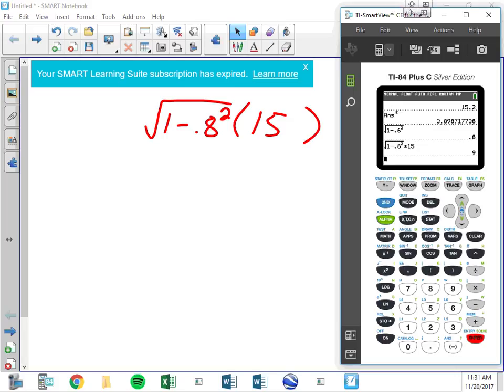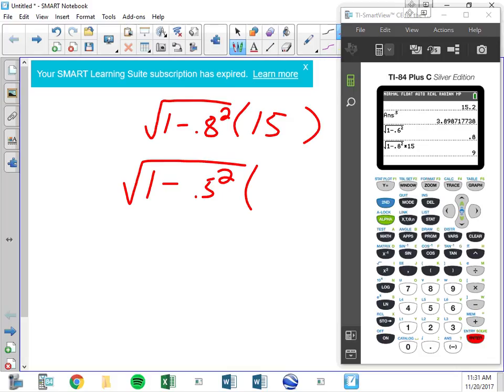2. Find the RMS error of the regression line for predicting son's height from father's height. So we're using fathers to predict sons. How do we calculate the RMS error? Square root of 1 minus the R value squared times the SD of Y, 2.7.